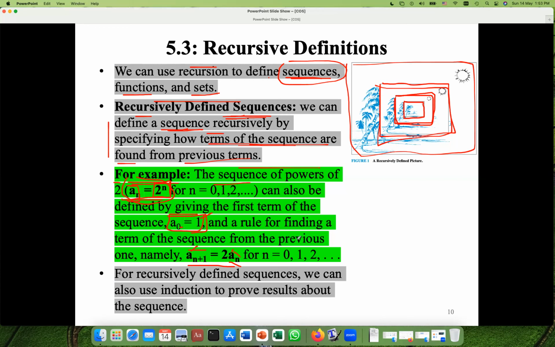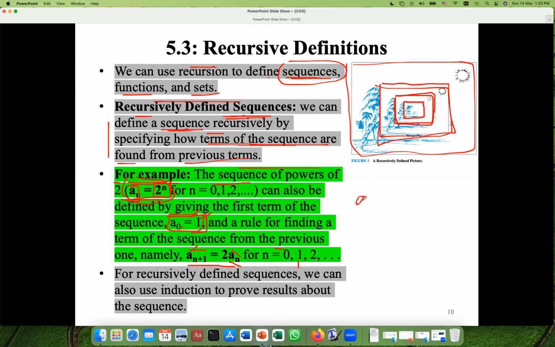So now, when n is 0, put A0 here, A0 multiplied by 2. What is A0? 1. 1 multiplied by 2, so that would become 2. And this one is 0 plus 1, so A1.